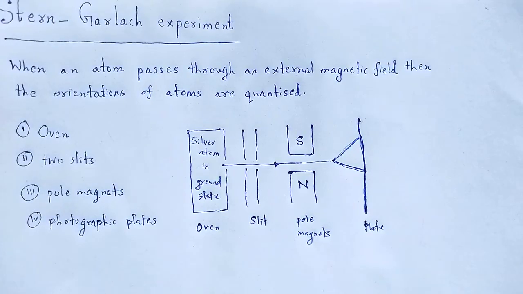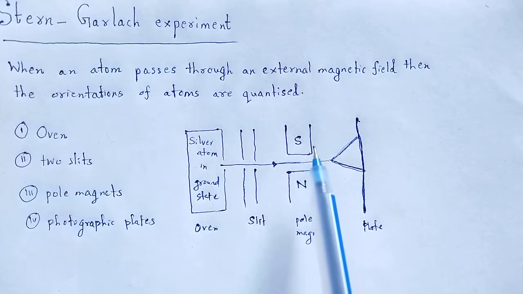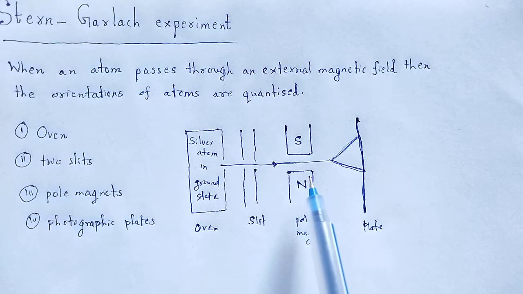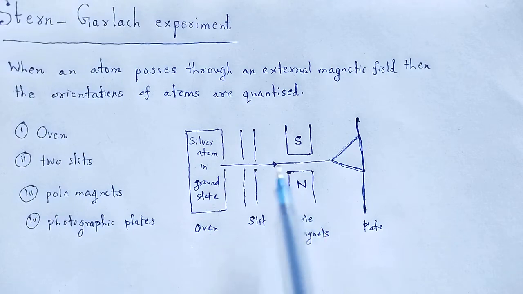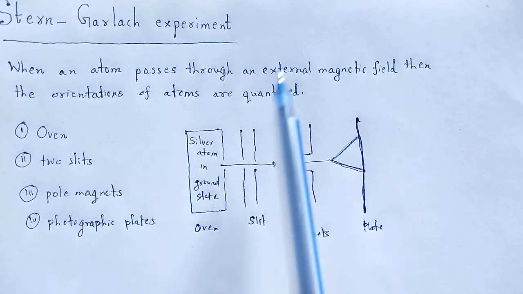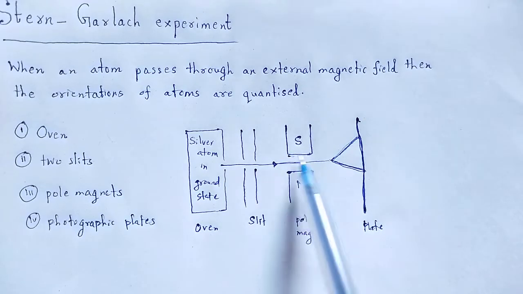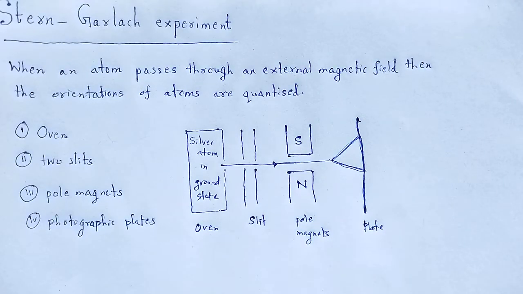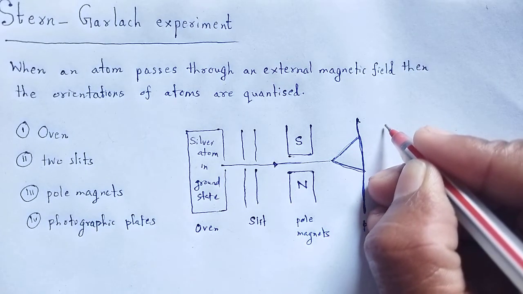Look here, why do we choose a non-uniform magnetic field for the Stern-Gerlach experiment? We designed the magnets like this. This is the cross-sectional view of the pole magnets.